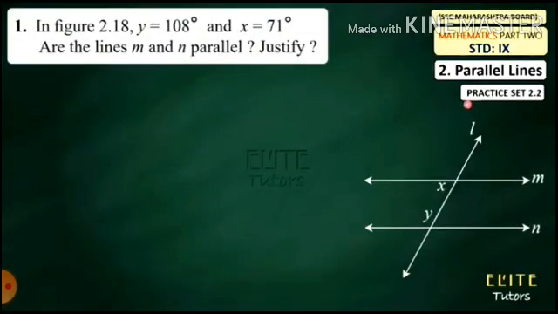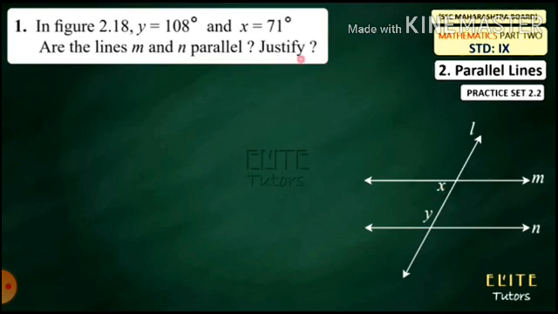One figure is there. In this figure, two lines are parallel, line M and N. Y equals 108 degrees. X equals 71 degrees. Are the lines M and N parallel?